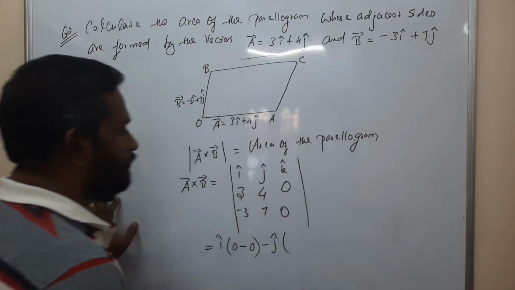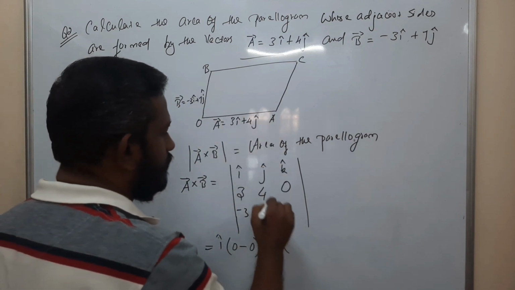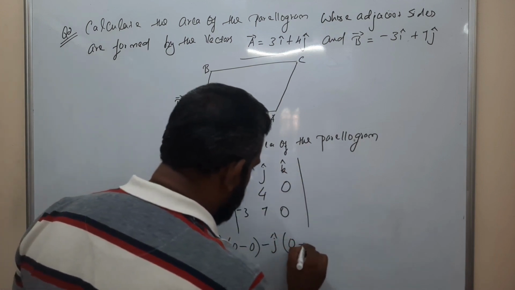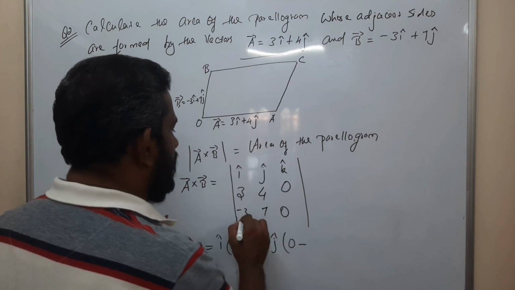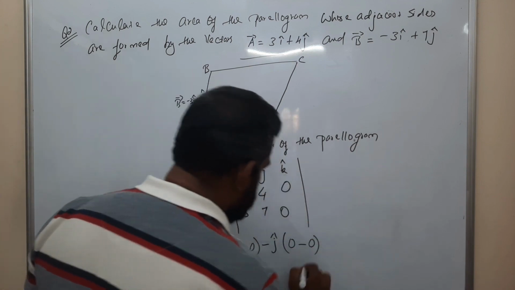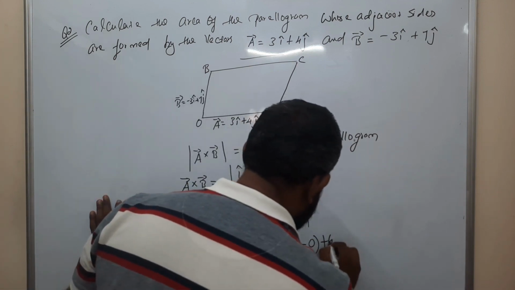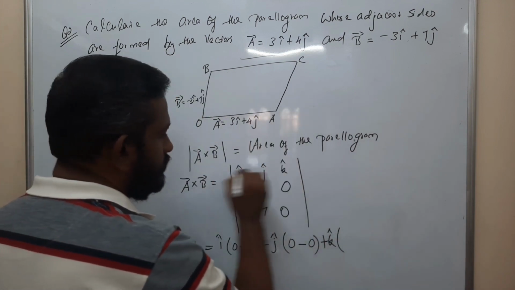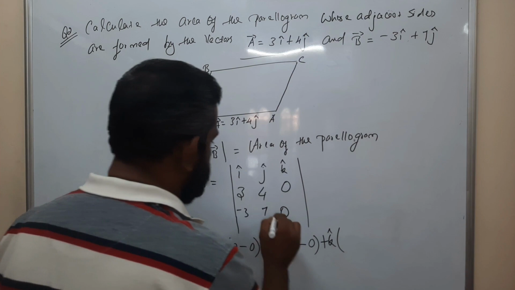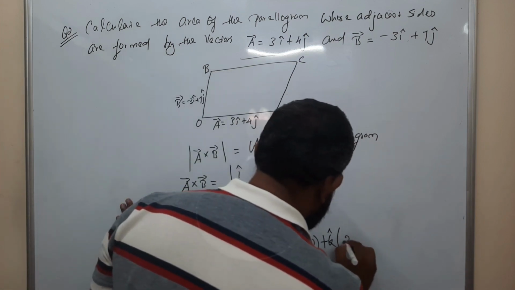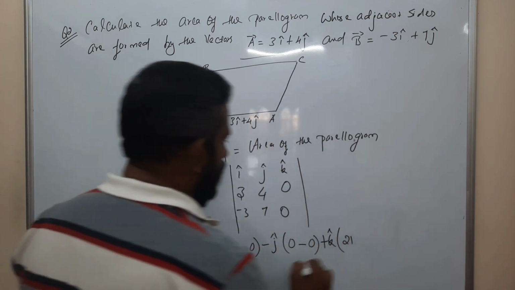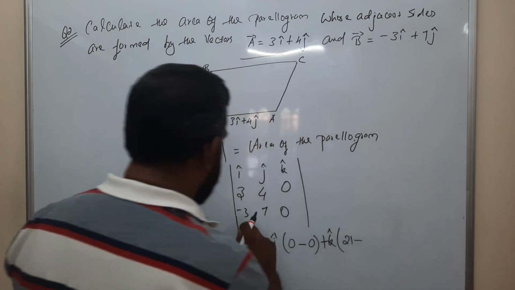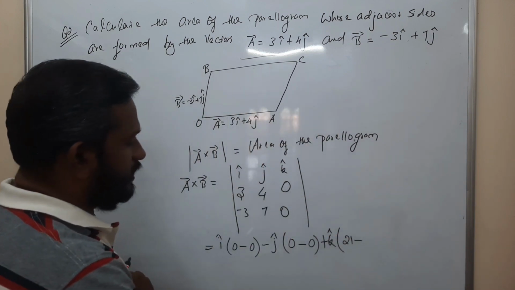Minus J cap into, cut this column and this row, so what is remaining? 3 into 0, 0, minus 3 into 0, that is also 0. Then plus K cap into, cut this column and this row: 7 3s are 21, minus 4 into minus 3, that is minus 12.